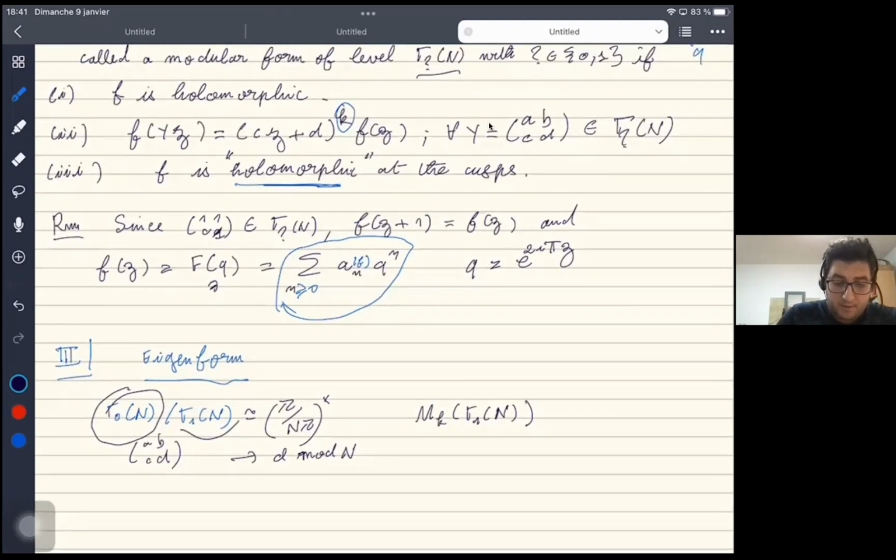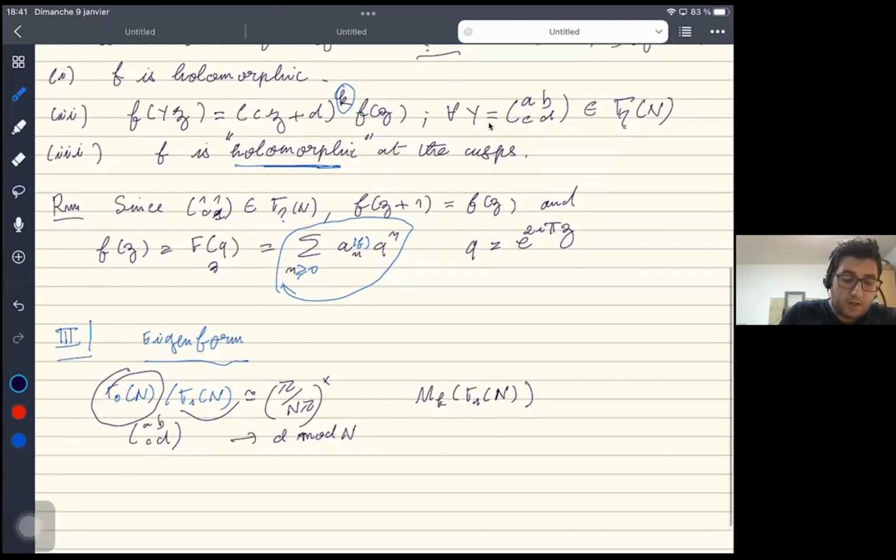The action fixes Gamma_1(N), but Gamma_0(N) will act maybe non-trivially. This action will factor through this finite group, and then you can decompose it in terms of eigenspaces.